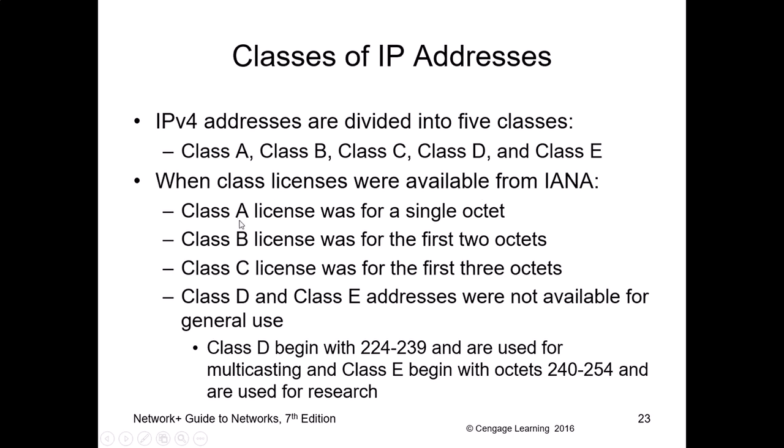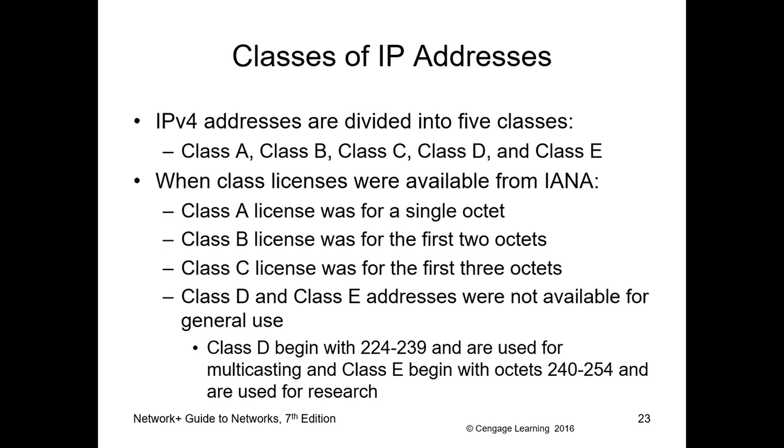Class A means the first byte is the network address. Class B, the first 2 bytes or the first 2 octets are the network address. Class C, the first 3 bytes are the network address. Class D is for multicasting, when you want to send data to multiple hosts in a network.